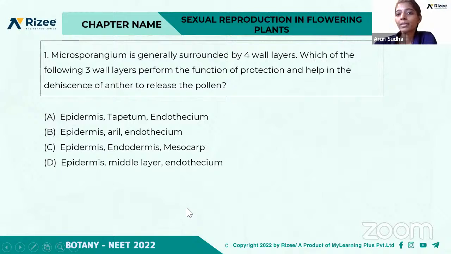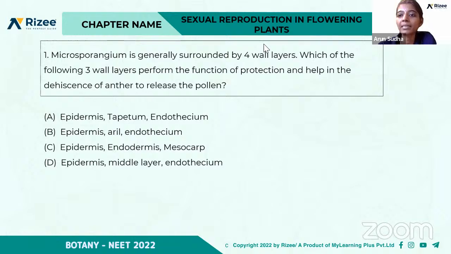Microsporangium is generally surrounded by 4 layers. Which of the following 3 layers perform the function of protection and help in the dehiscence of anther to release the pollen? Epidermis, tapetum and endothecium; epidermis, aril and endothecium; epidermis, endodermis and mesocarp; epidermis, middle layer and endothecium.